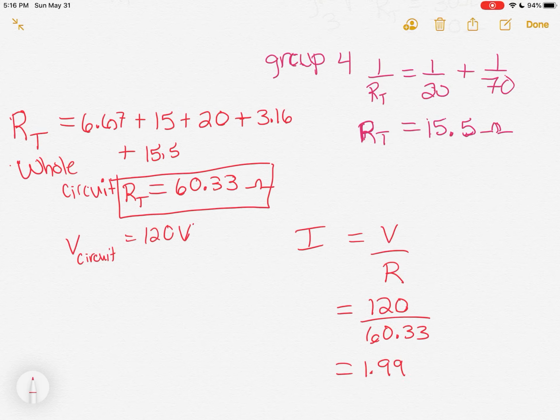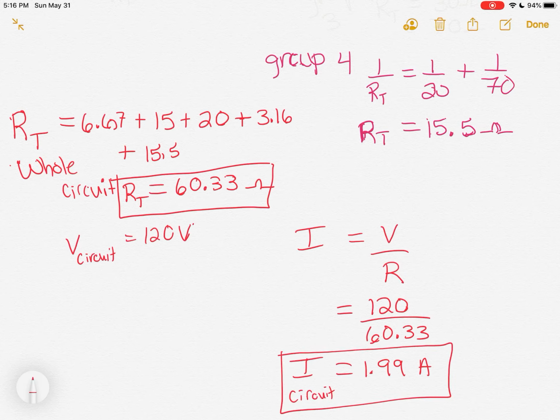So it's going to be 1.99 amps. And so again, that's the current for the whole circuit. Okay. Now, the voltage for the whole circuit and the current for the whole circuit is not the voltage and current at each individual resistor.